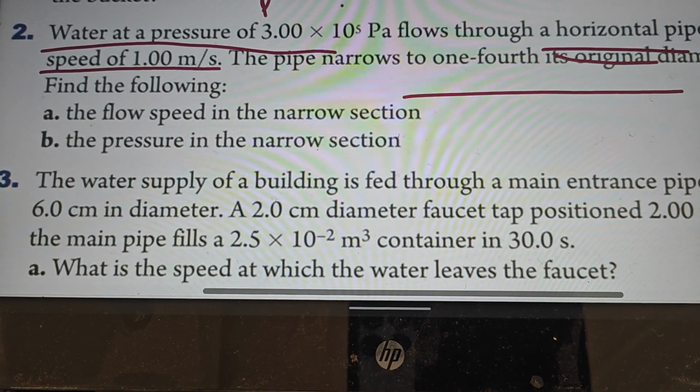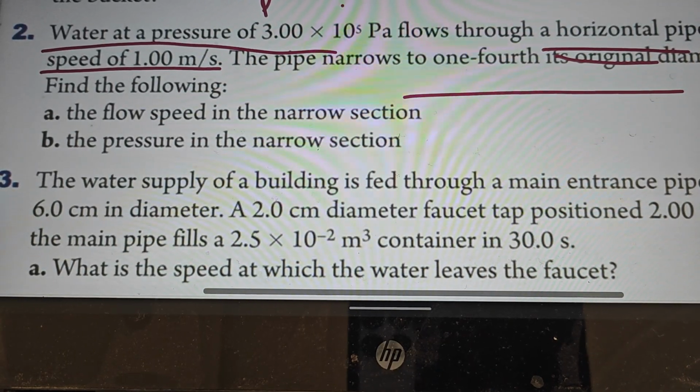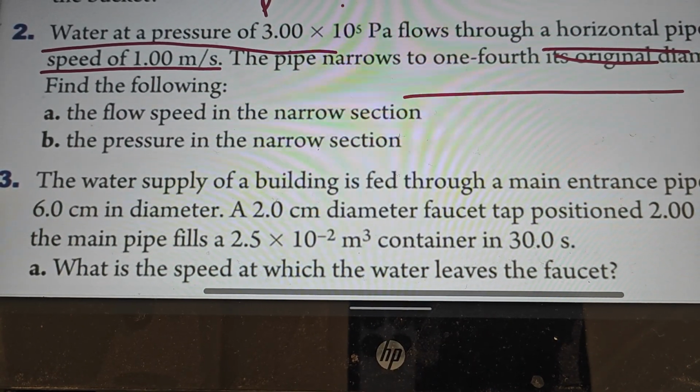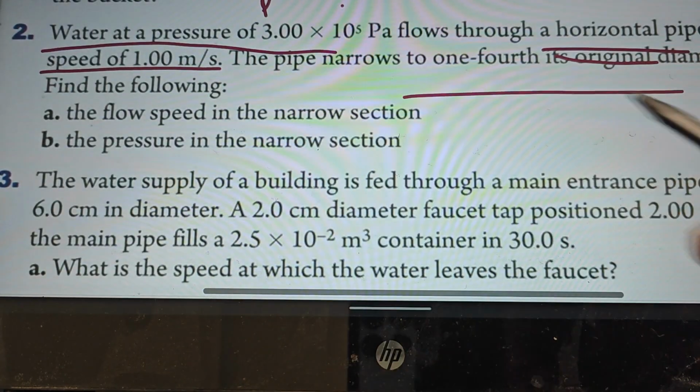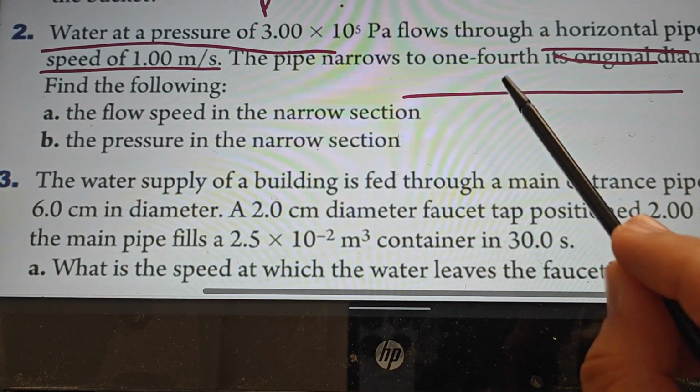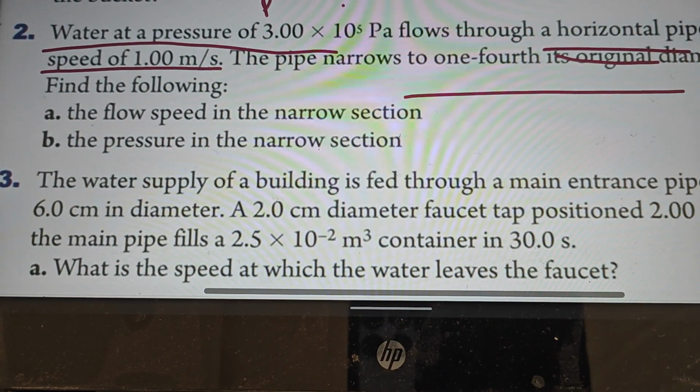The first speed V1 is equal to 1 meter per second. The pipe is narrow, which means the diameter is 1/4 of the original diameter.